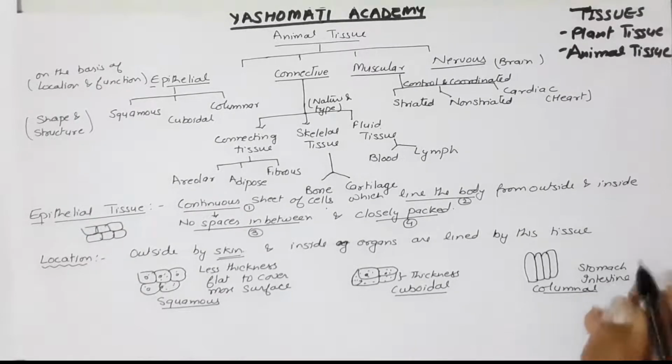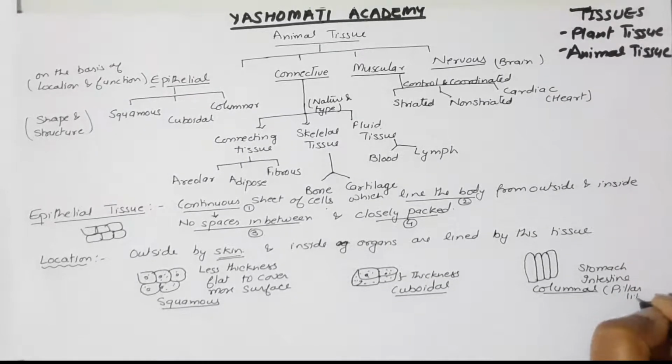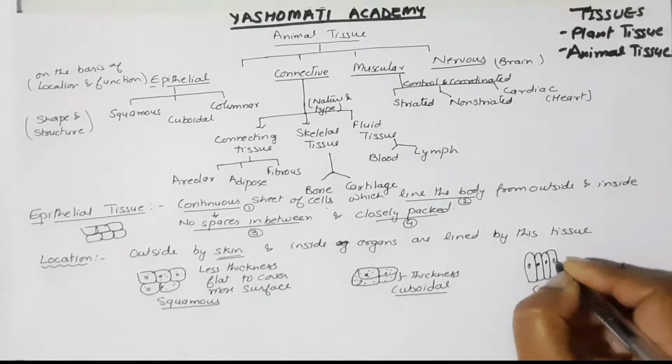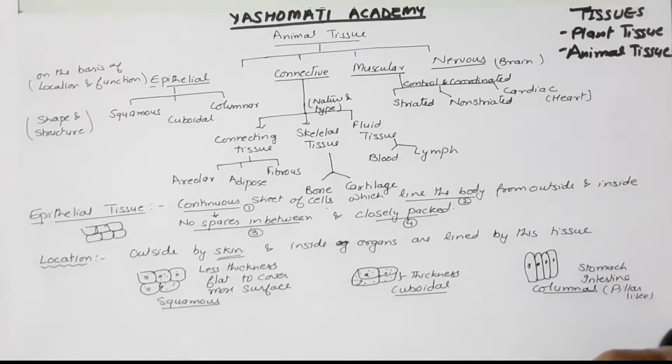Columnar means pillar-like. So these types of cells which are present in the inner walls of stomach and intestine, they are columnar in shape. In columnar tissue, we find that sometimes the tissue is further differentiated.